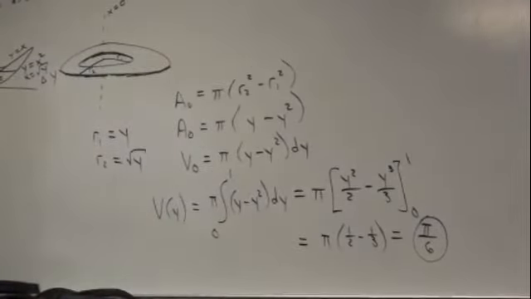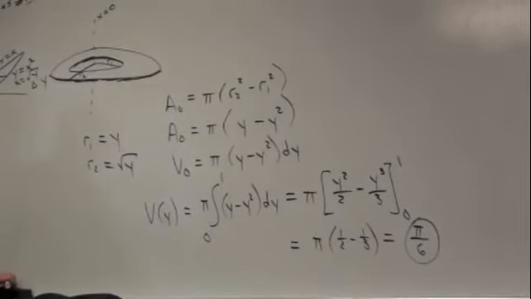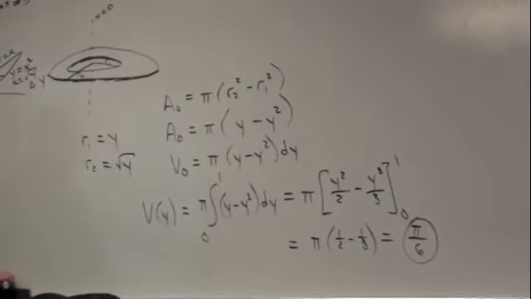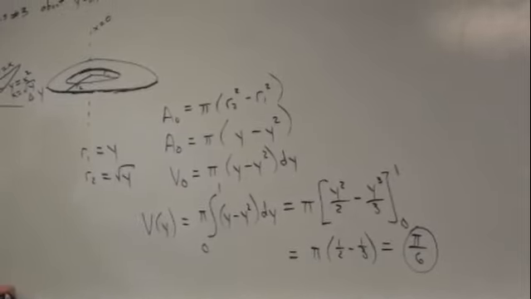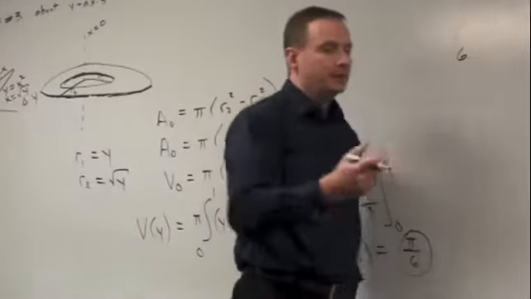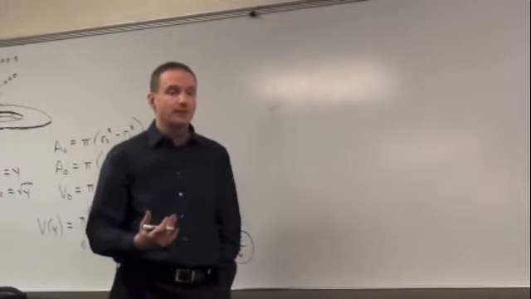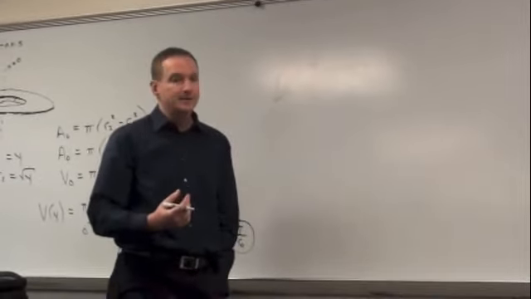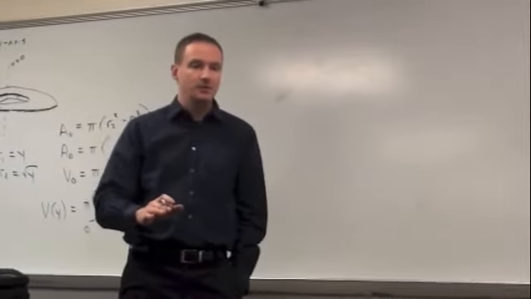Now, before you start to think that, wow, this isn't too bad at all, let me just show you the limitations of this. What if we ran into a problem that had this? And I don't even want to put a function for it yet, and I'm not going to number this, not number 6. We're not going to work this problem, but I want you to realize this method has serious limitations.